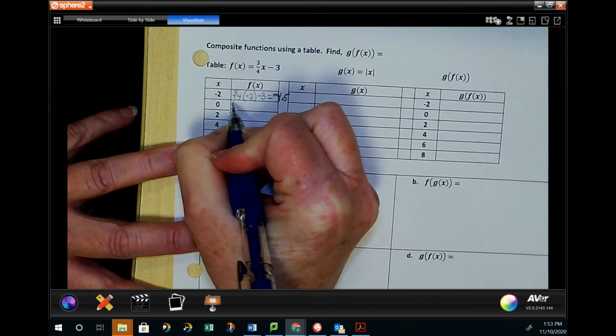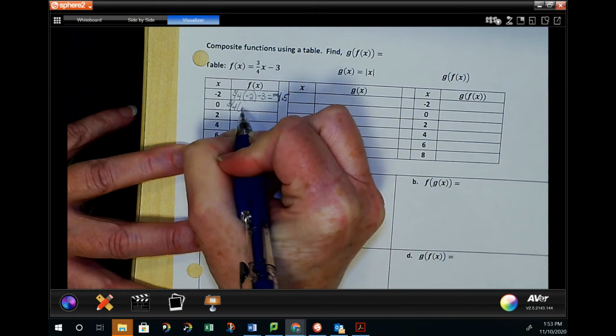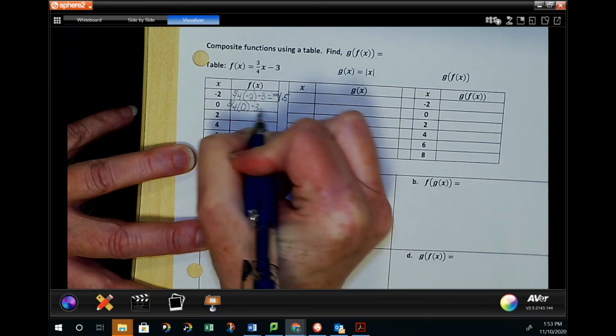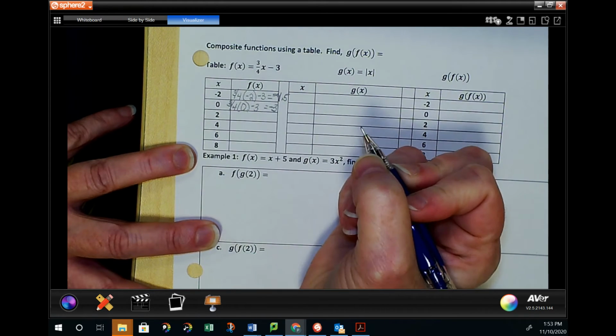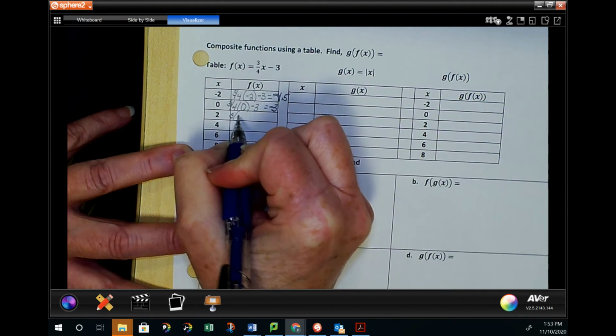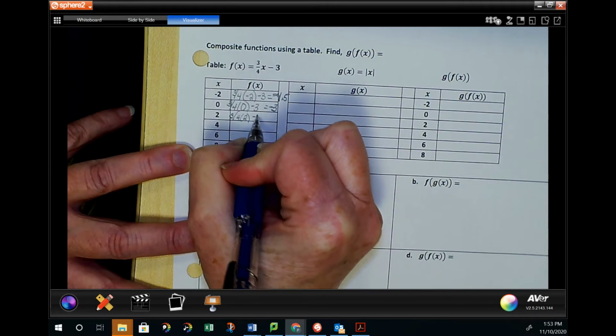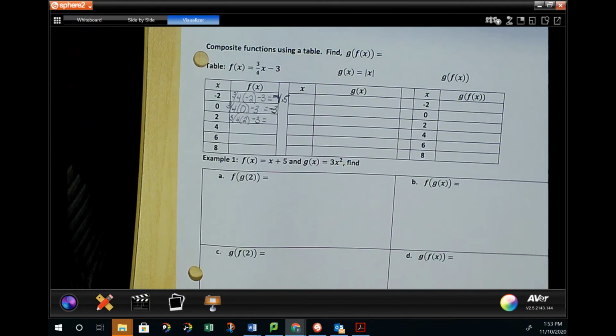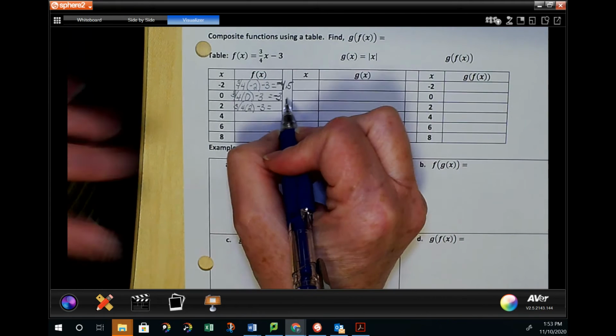Again, 3/4 times 0 minus 3 ends up being -3. And then 3/4 times 2 minus 3, so 0.75 times 2 minus 3 ends up being -1.5.